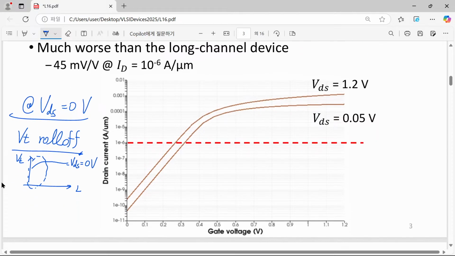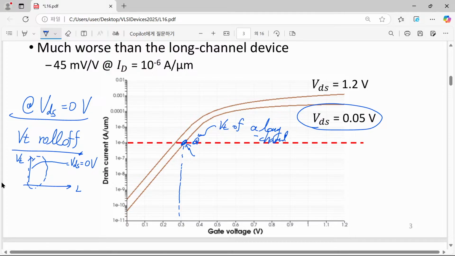It is measured in that way. So think about a certain relatively low VDS value. In this case, of course, if this is a short channel device, then the threshold voltage would be a little bit lower than that of a long channel device.